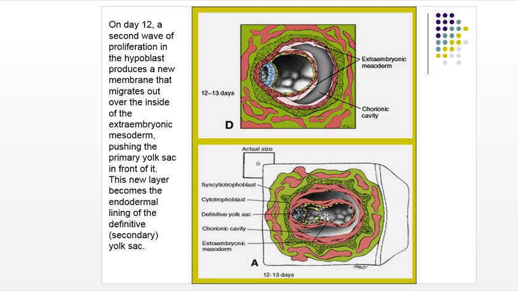These new layers become the endodermal lining of the definitive or secondary yolk sac. It means that in these days a new yolk sac is formed from the hypoblast cells, and the name of this new cavity is the secondary or definitive yolk sac.